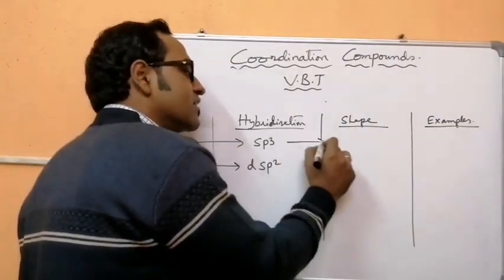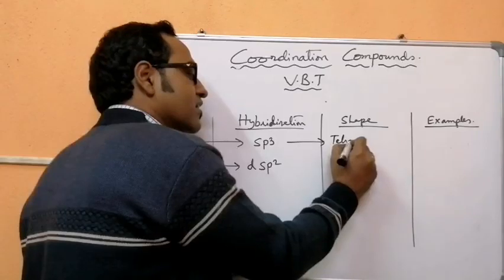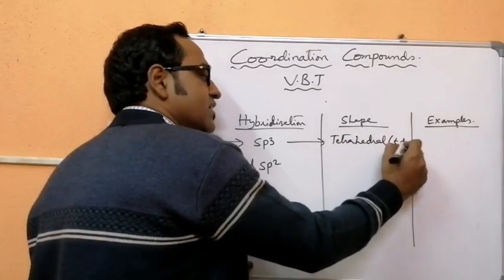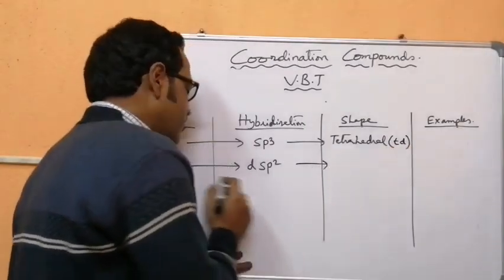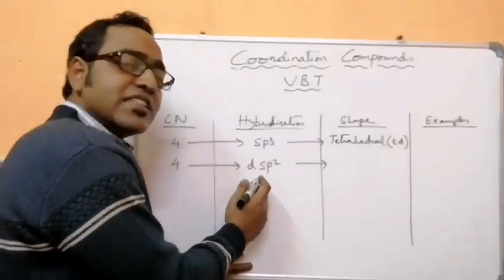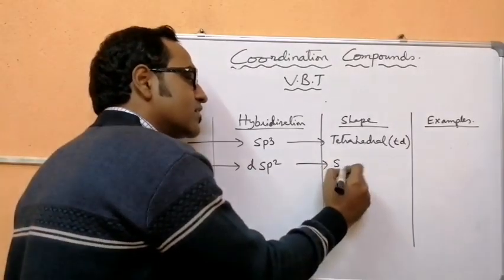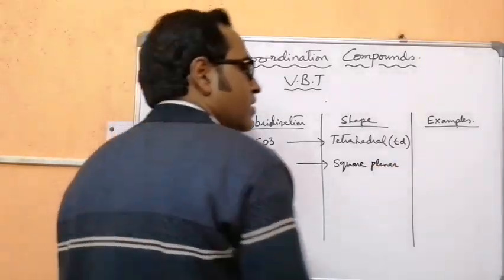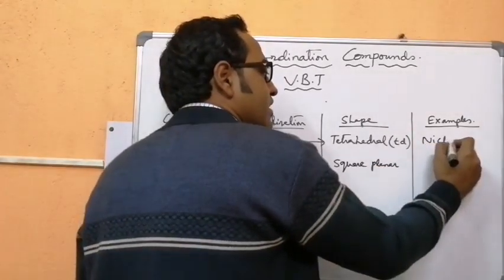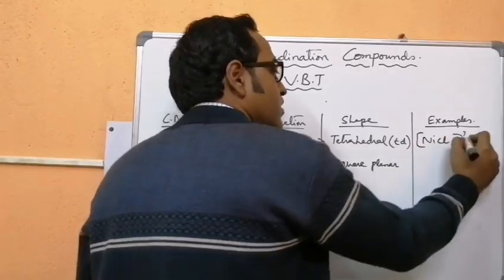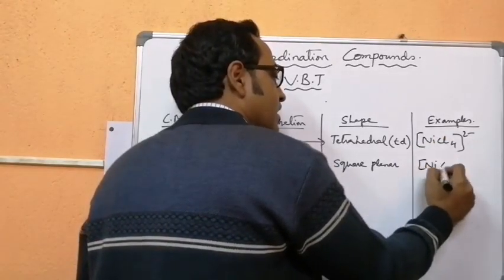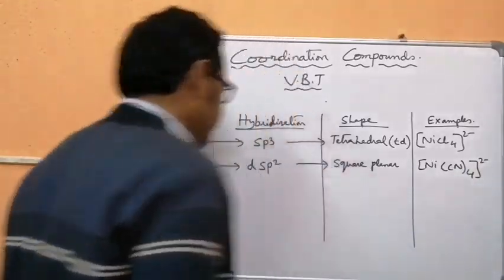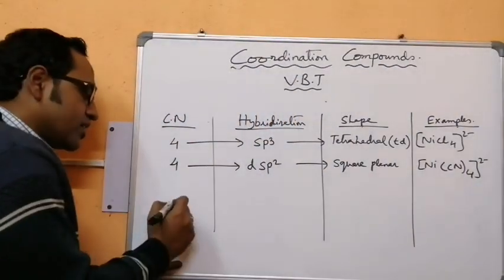If it is sp3, the structure is tetrahedral, often written as TD. When the coordination number is 4 and the hybridization is dsp2, the shape is square planar. Examples: NiCl4 2 minus, Ni(CN)4 2 minus. The next coordination number is 6.